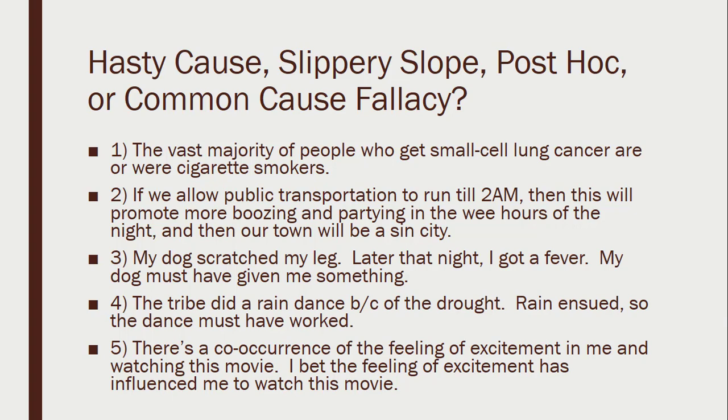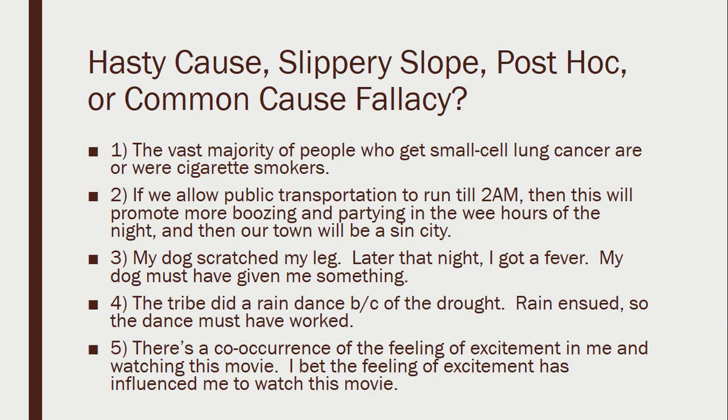So this is also the post hoc fallacy. And the common cause fallacy also comes into play here. There could be an underlying third cause or third event that causes both small cell lung cancer and cigarette smoking to occur. So that possibility should be addressed and eliminated.